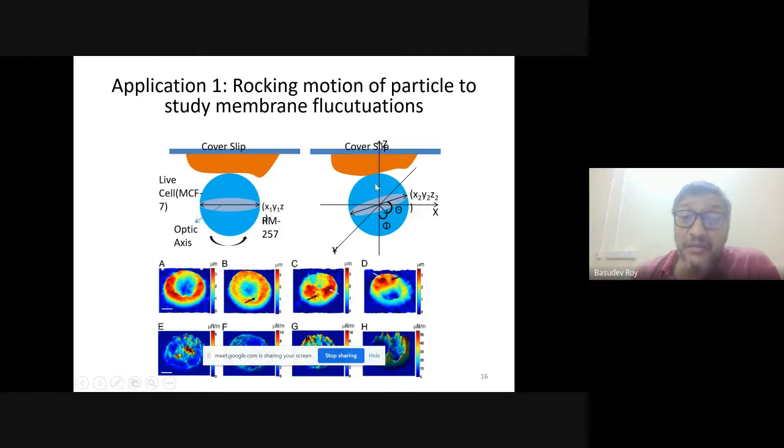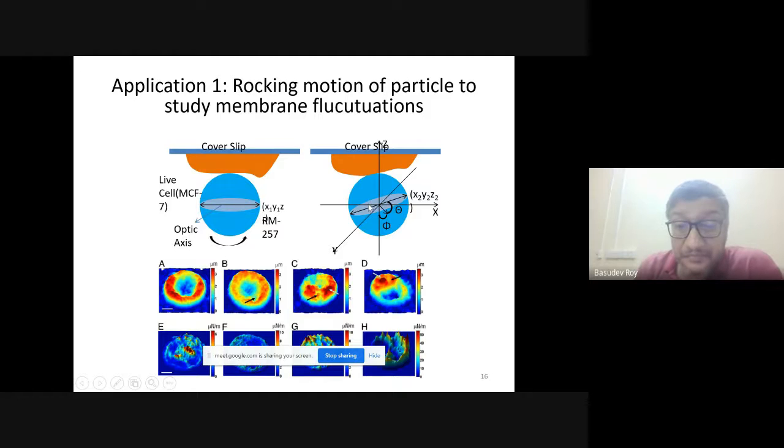I thought that if you have the pitch rotation happening, and you put it on the cell membrane surface, it will detect not only the vertical or normal fluctuations, it will also detect the angle, the slopes of the membrane, using this technique. So this detects the slope fluctuations using the pitch rotations.